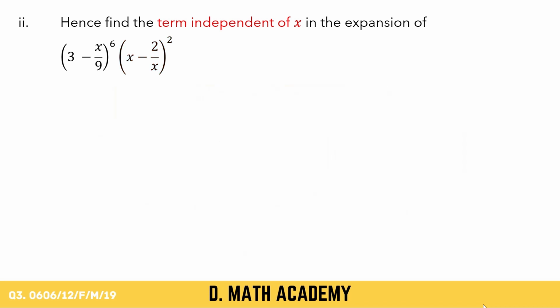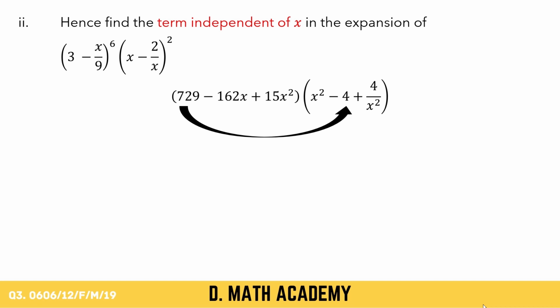Incorporate this, okay, multiply it together, list it down first. Then I determine which two multiplied together will get me the term independent, where x to the power of 0. So I took 729 multiplied with -4, and I took 15x squared multiplied with 4 over x squared. You're not necessary to multiply all the variables available together.